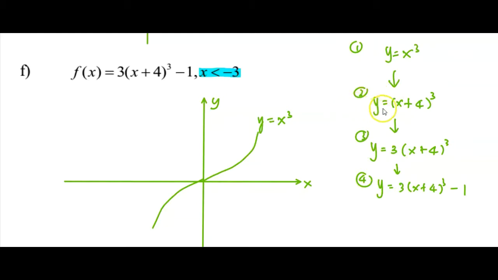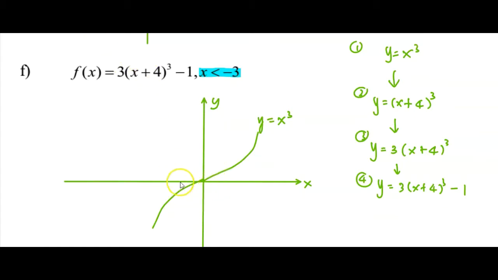Okay, so to continue with your second graph, we need to shift our graph 4 units to the left. You can see that the x becomes x plus 4. As I said just now, if this is a positive 4, it means that your graph needs to be shifted to the left by 4 units.